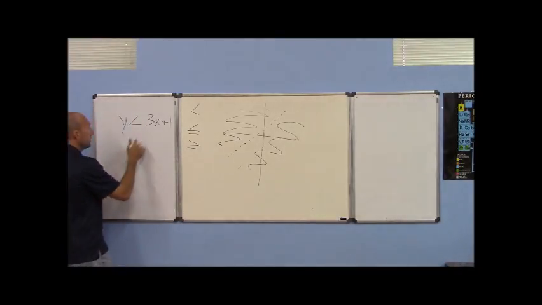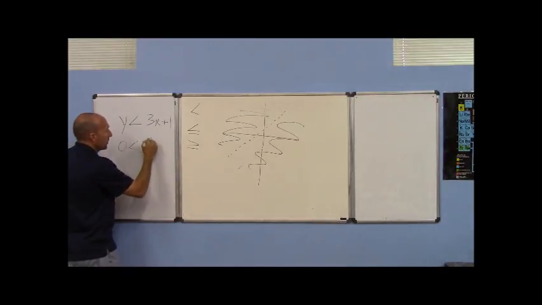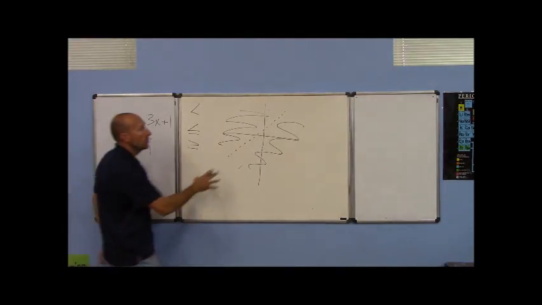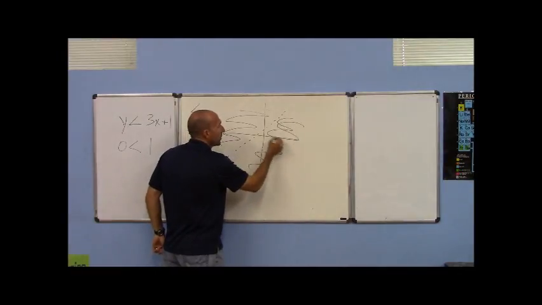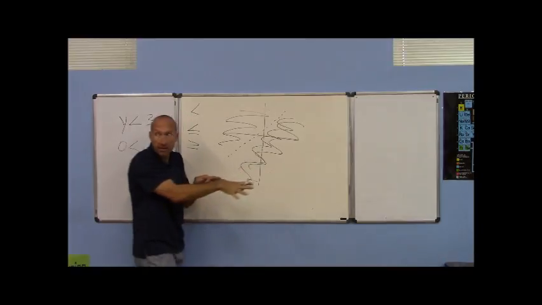So we can plug in 0 for y, y is less than 0 for x, so it's 0 plus 1, which is 1. Well, 0, is this a true statement? 0 is less than 1? Absolutely. So you shade everything that coordinate fell within on that side of the dotted line.